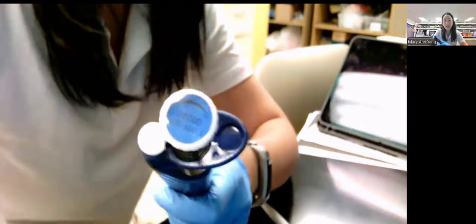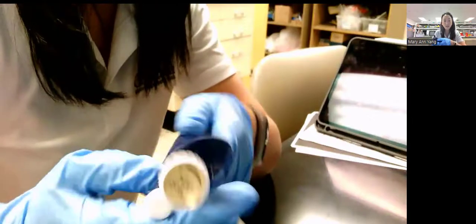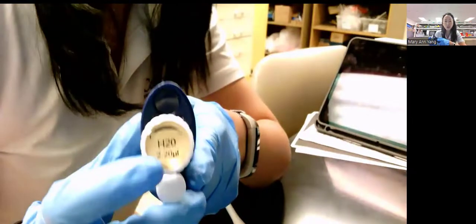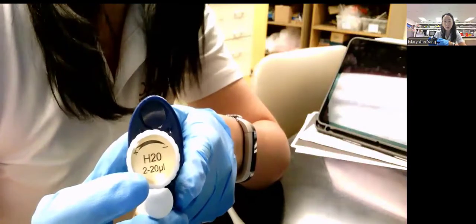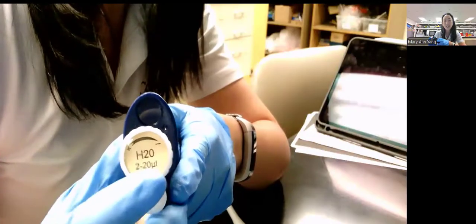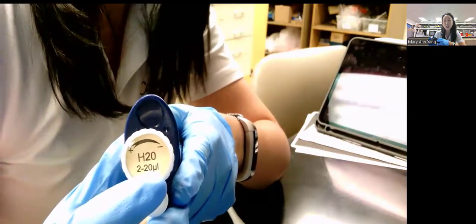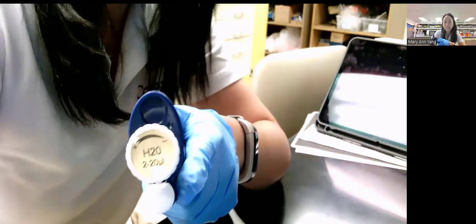Now, each pipette has a very specific range of volume that it measures, and it can again be seen on the top label. So for example, P20 will measure the smallest amount of liquid, between 2 to 20 μl. We see that μl again. Do you recall what it stands for from the last exercise? Hopefully you do. μl is microliter.